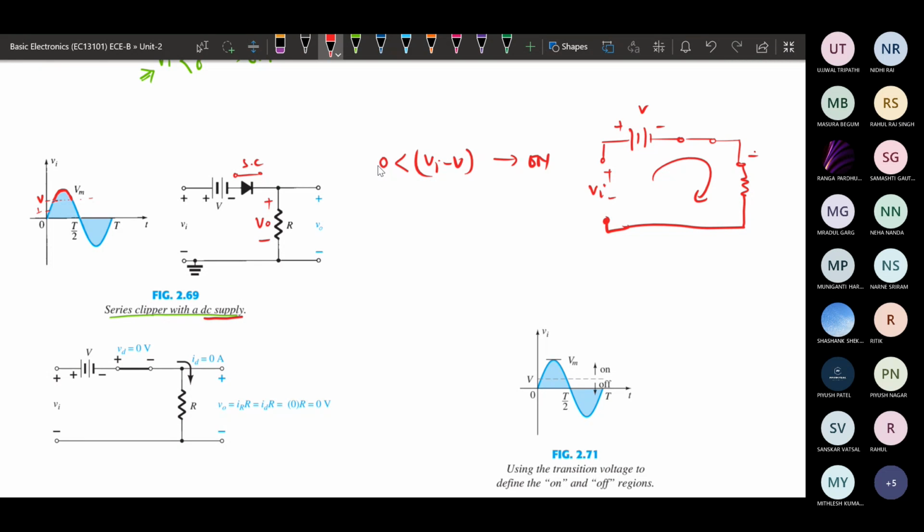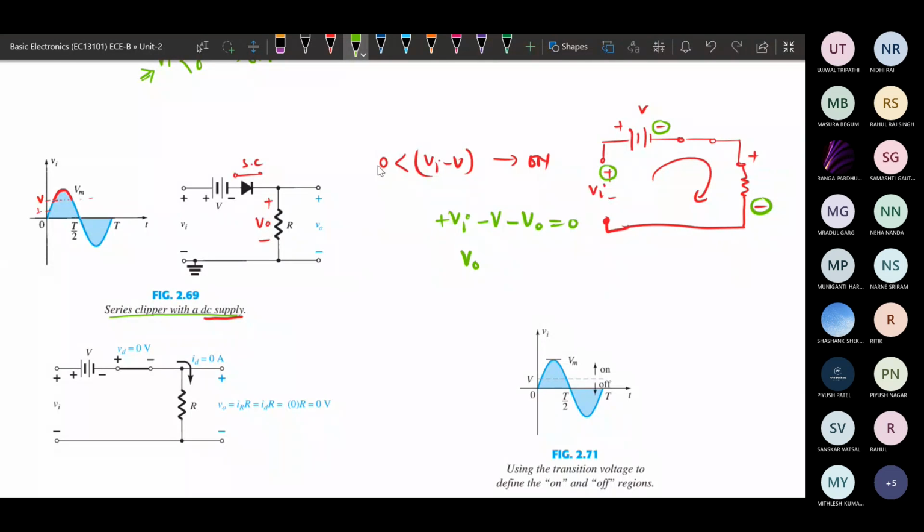Whatever the existing voltage is, plus V input we will be writing. The exiting voltage sign is negative, so negative V will be there. Exiting voltage in the direction of current has a negative sign, so negative V output will be there, that will be equal to 0.